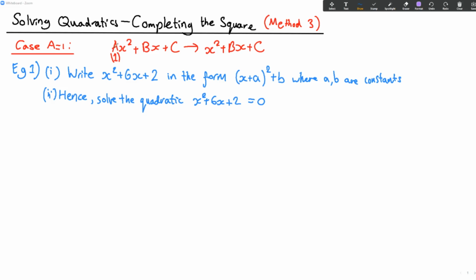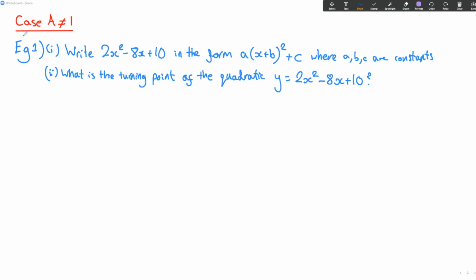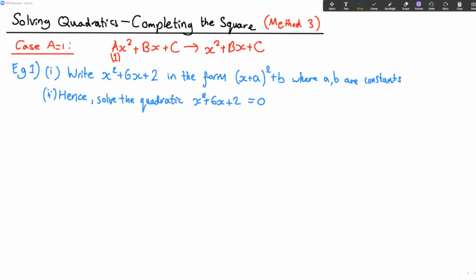So, like with factorization, there's two different methods for when a equals 1 and when a doesn't equal 1. They don't differ too much, but they are different. I'm just gonna remind you that when I say a equals 1, we're talking about this general form ax squared plus bx plus c, and we're saying that this a here is equal to 1.